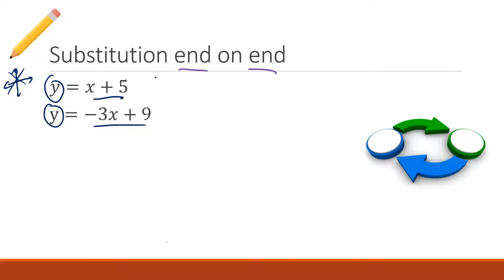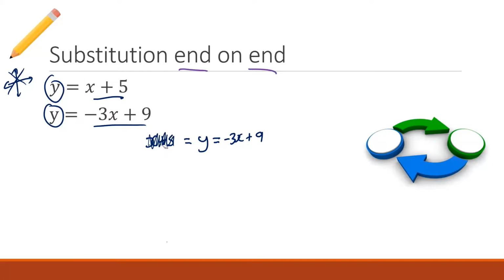Let's take this first equation: x plus 5 equals y. Yep, that's the same thing. But we also know that y is equal to negative 3x plus 9. If I cover up this first part, you can see there's the first equation.